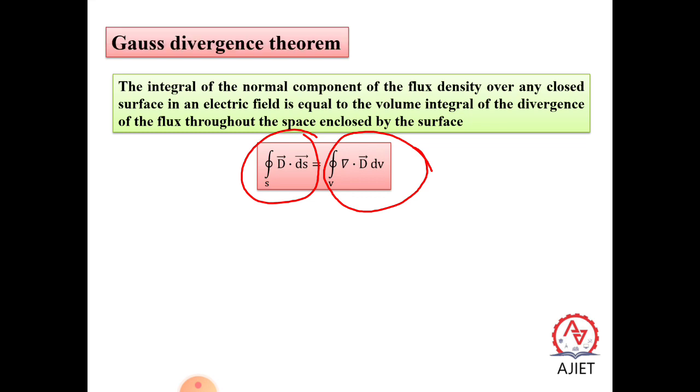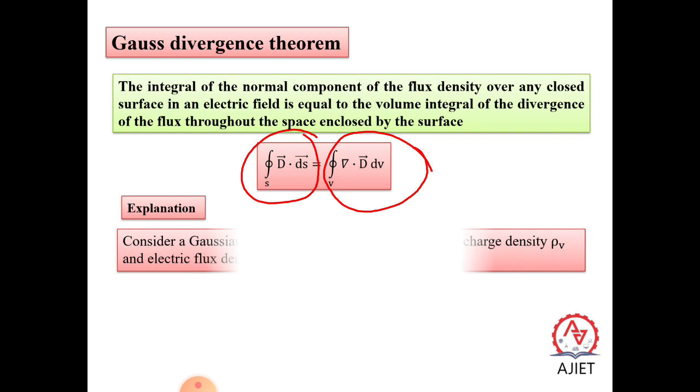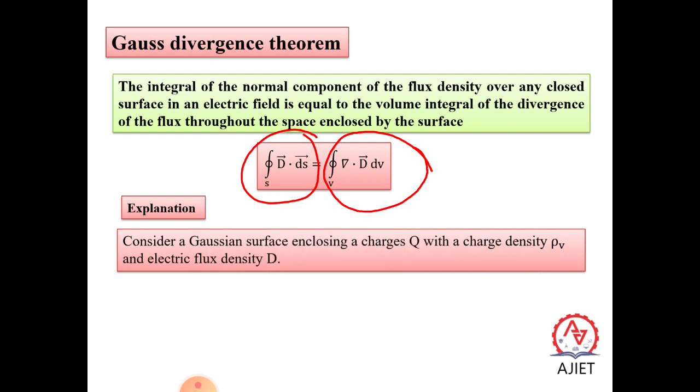So let us prove this one. Consider a Gaussian surface enclosing the charge Q with a charge density rho v and electric flux density D. So total charge Q is equal to the integral of dQ.